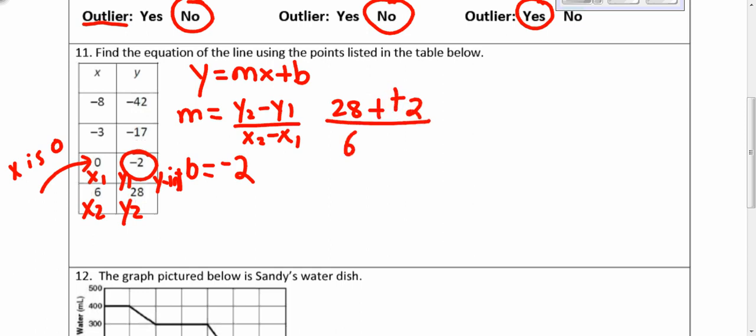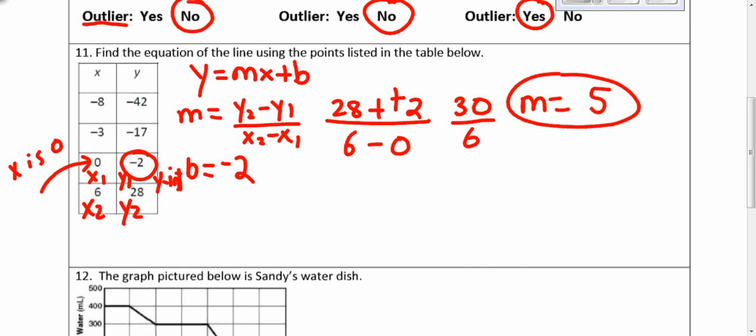Then you have 6 minus 0 on the bottom. This is 30 divided by 6, and m equals 5. So you have a slope of 5 and a y-intercept of negative 2. Now it's time to make the equation. y equals 5x minus 2.